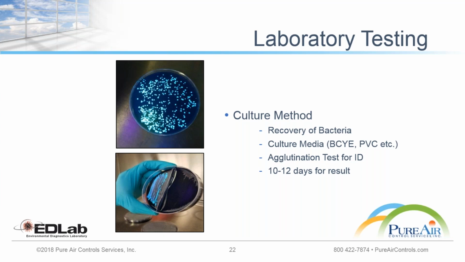It is then cultured on media such as BCYE, buffered charcoal yeast extract agar, and if colonies grow on that media, they are tested using the agglutination method, a confirmatory test to find out whether the species in question is Legionella or not. So the agglutination test is very important to confirm the culture for Legionella.